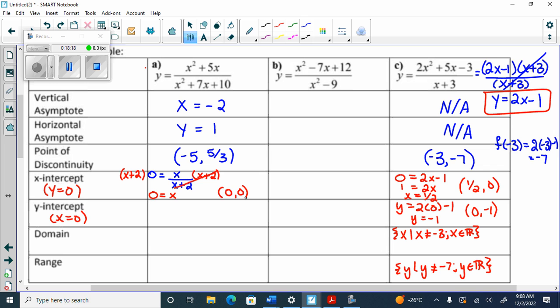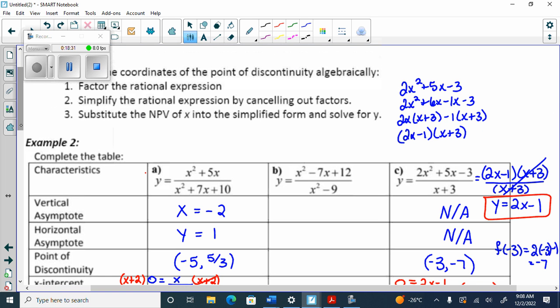Let's think about this. Every single time I have the simplified version and I'm finding the x-intercept, the bottom cancels and this top piece is just my x-intercept factor. So whenever we have a rational with a point of discontinuity, it's going to be in the form x-intercept factor over vertical asymptote factor, times the x of the point of discontinuity over itself.